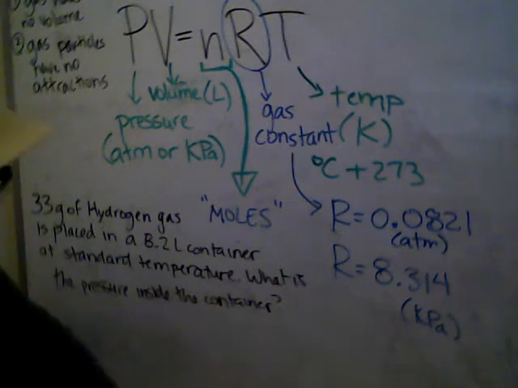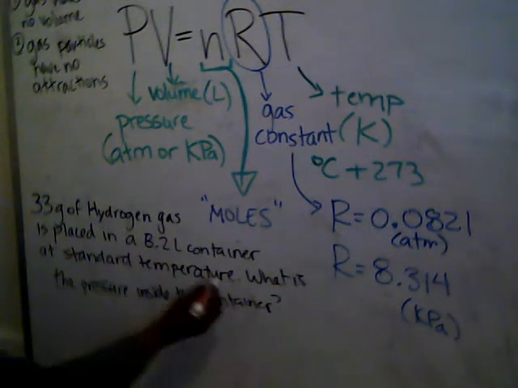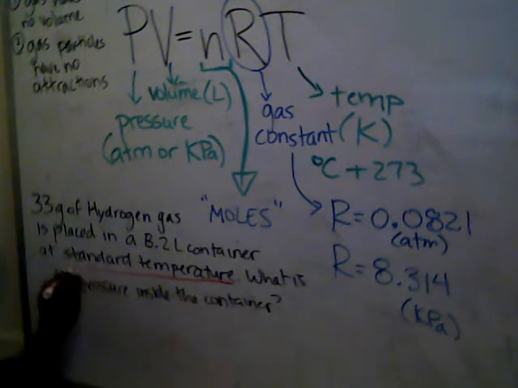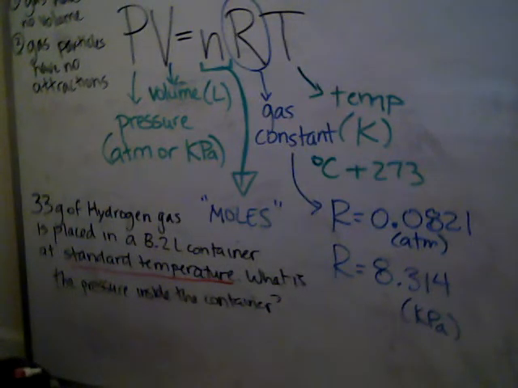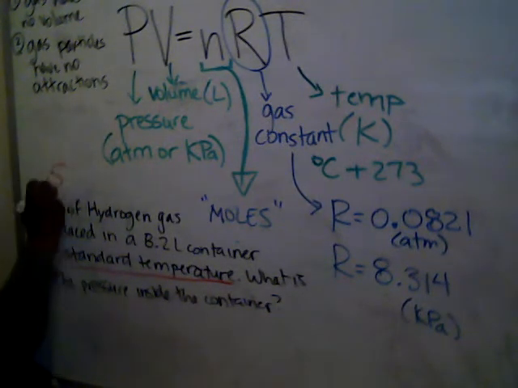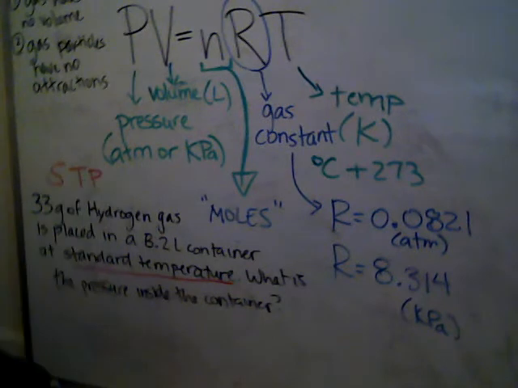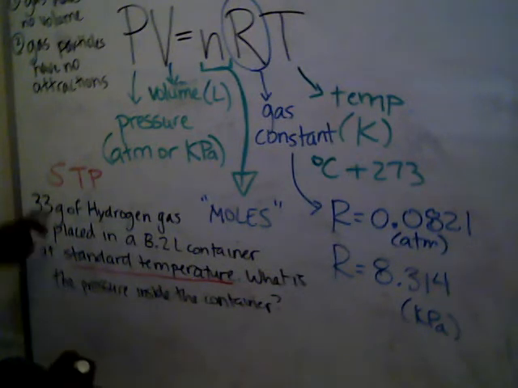Let's identify the things that we were given. Let's first start with standard temperature. You may be given something called STP. If you're ever given STP, STP is a shortcut way of giving us two things: a temperature and a pressure.